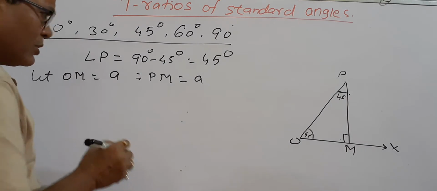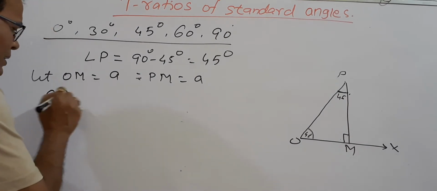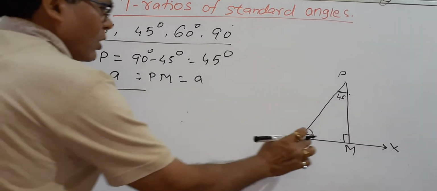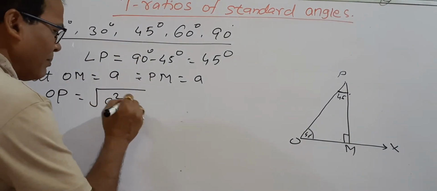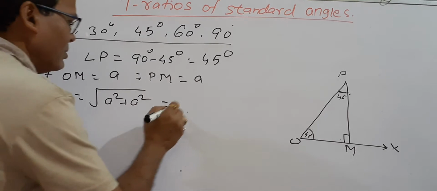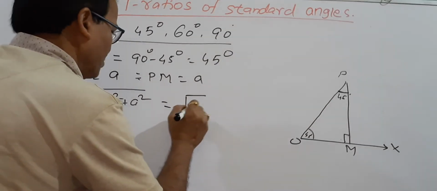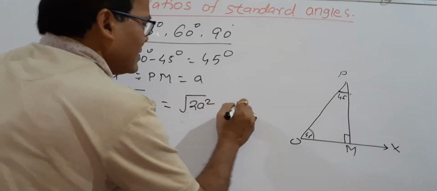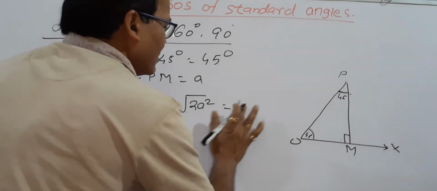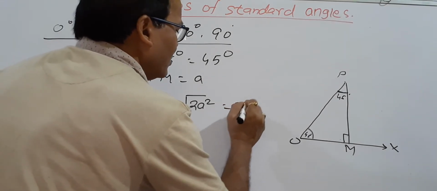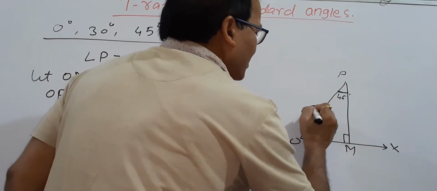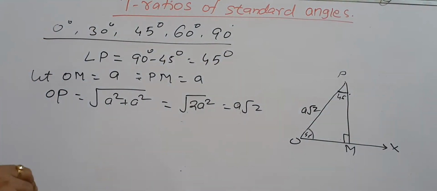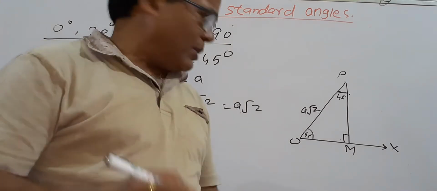As per the Pythagoras theorem, OP is equal to square root of P square plus B square, means A square plus A square. It will be square root of 2A square, which is equal to A root 2. Hypotenuse became A root 2. Now, what is the value of sine 45?